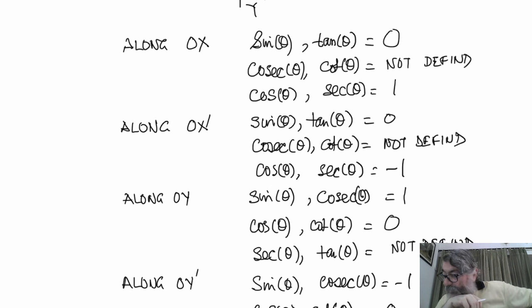Let us see what is not defined. Cosec and cot are not defined along the x-axis, along the horizontal line. And along the vertical line, sec theta and tan theta are not defined.